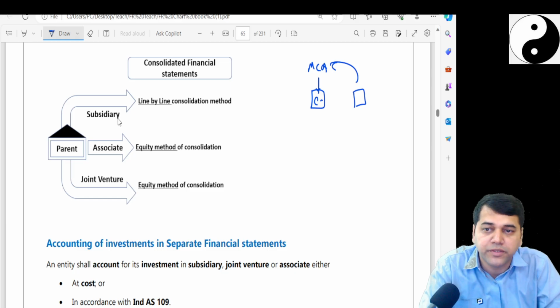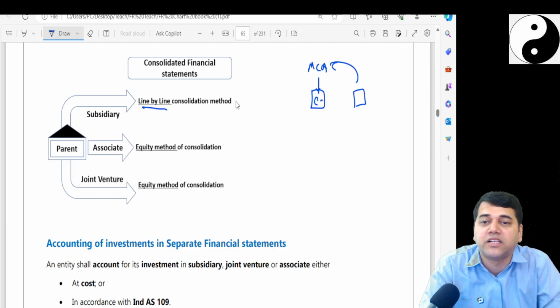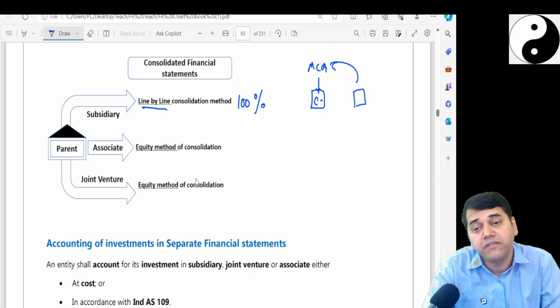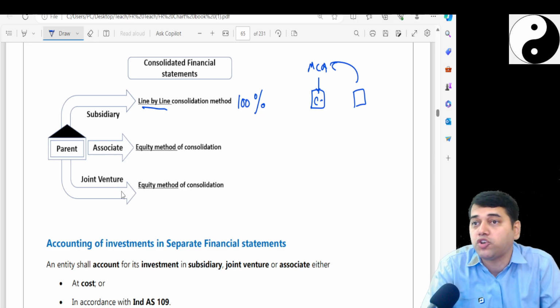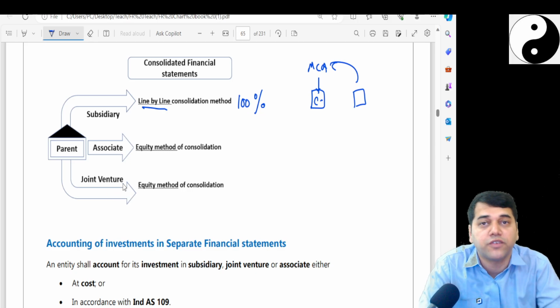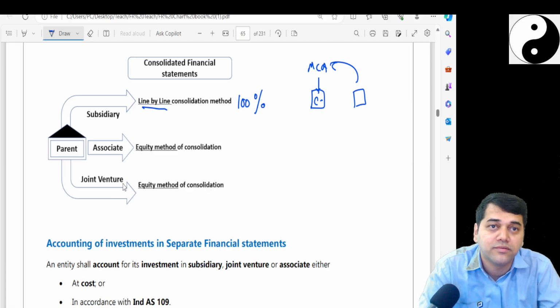Now, how do we prepare the consolidated balance sheets or financial statements? If you have a subsidiary, you are going to do line by line consolidation, or I can call it 100% consolidation. We'll learn the rules. Previously in accounting standards, if you had a joint venture, which method of consolidation did you follow? You had joint venture accounting, you have done that at Inter?